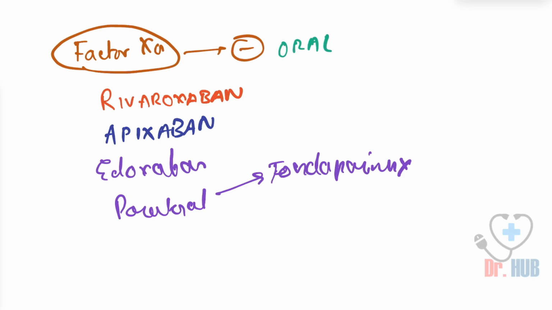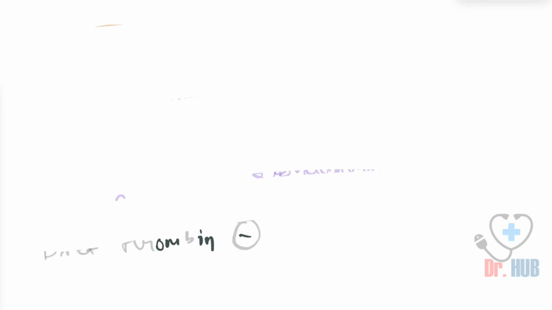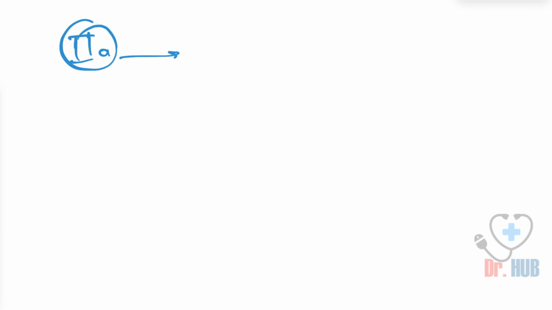Then we look at the direct thrombin inhibitors. So what do direct thrombin inhibitors do? They inhibit the 2A. So what are the examples? Firstly, oral: under oral it includes dabigatran.